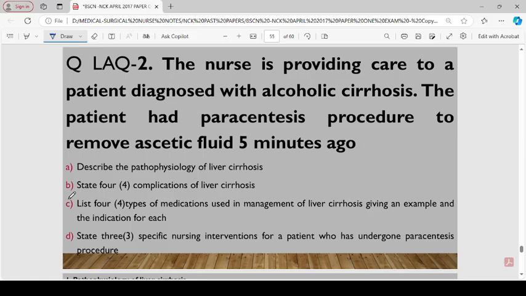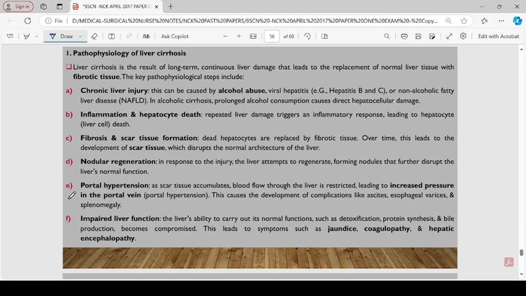So here you are requested to describe the pathophysiology of liver cirrhosis, complications associated with liver cirrhosis, typical medications used in management of liver cirrhosis, and specific nursing interventions for a patient who has undergone a paracentesis procedure.